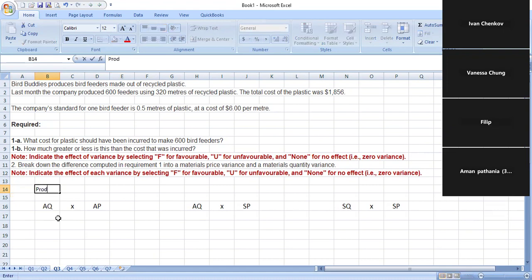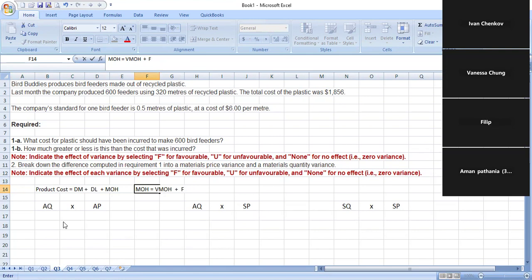So product cost is equal to direct material plus direct labor plus manufacturing overhead. And we said manufacturing overhead we can break into variable manufacturing overhead plus fixed manufacturing overhead.